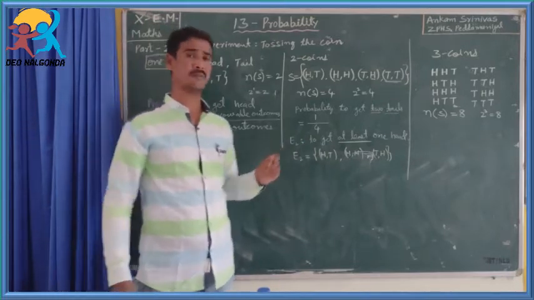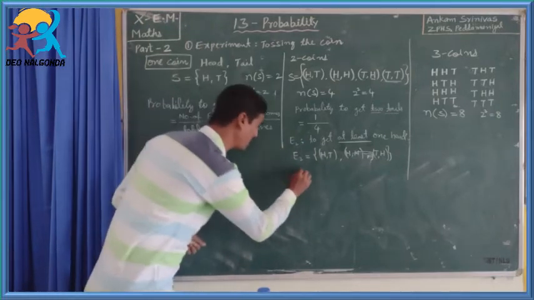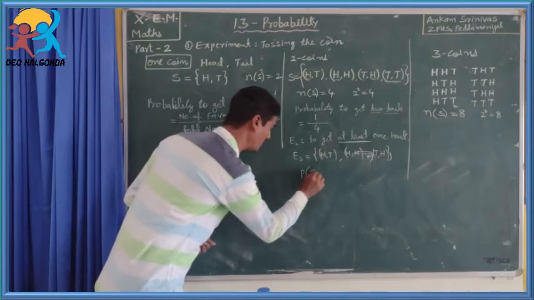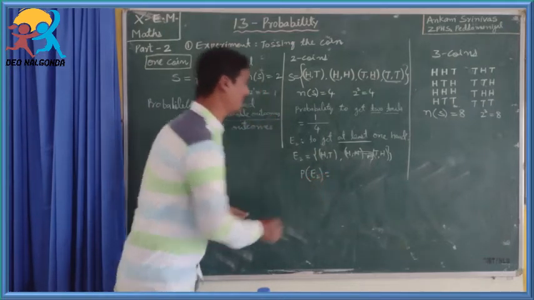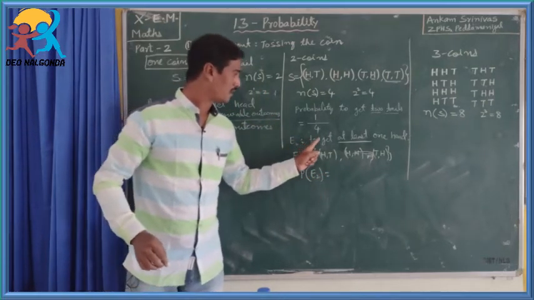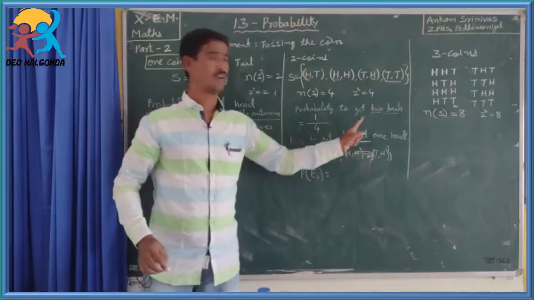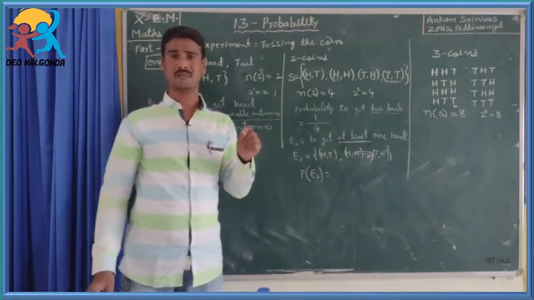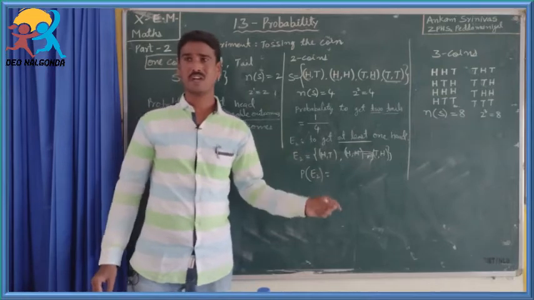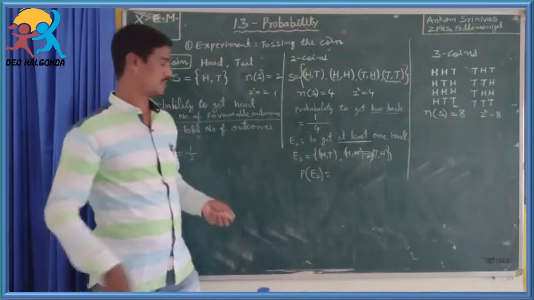So, what is the probability? Now we are going to find the probability to get at least one head: number of favorable outcomes by total number of outcomes.